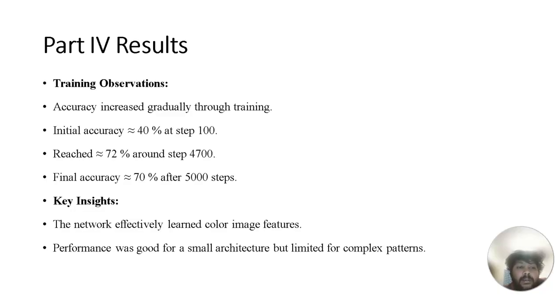The final accuracy after 5000 steps was approximately 70%, but across all of this I found that the maximum reached was 72%, at step 4700. All this training was done in the Colab GPU environment, so computation was fast and efficient.